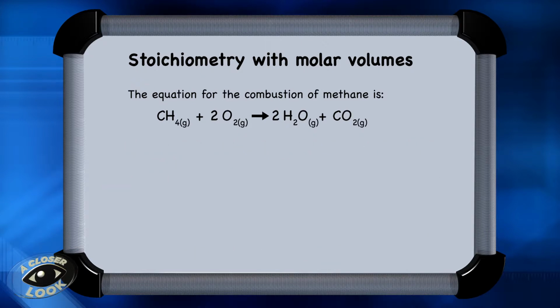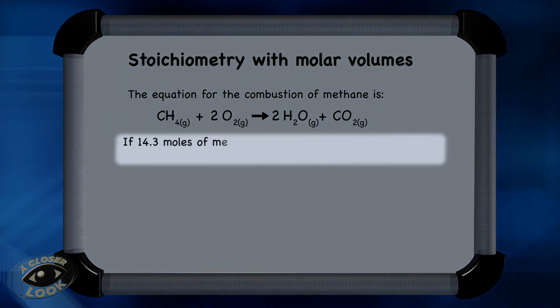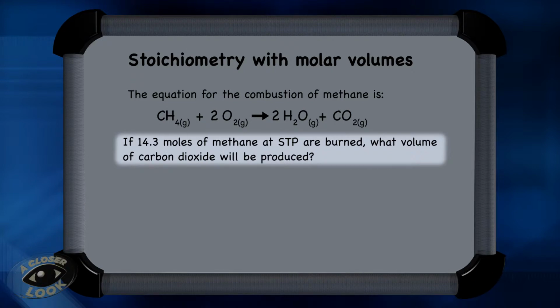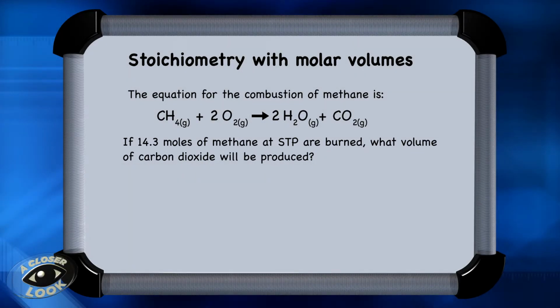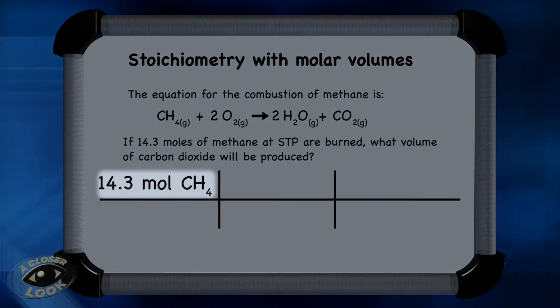This next problem also involves the combustion reaction of methane with oxygen to produce water vapor and carbon dioxide. This question asks to solve for the volume of carbon dioxide if 14.3 moles of methane, again at STP, are burned. So take what's given in the problem, in this case 14.3 moles of methane, and put that in the upper left-hand corner of a conversion chart.